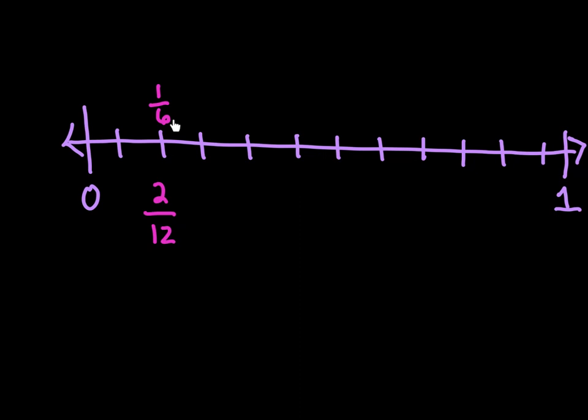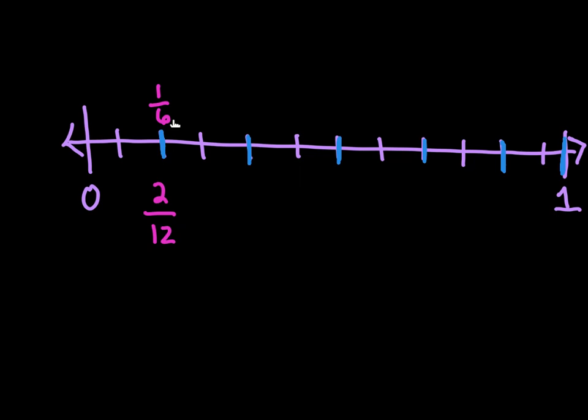But how are they getting 6? Well, they're breaking up those 12ths into another half. So over here is representing 1/6, 2/6, 3/6, 4/6, 5/6, and this becomes 6/6. So 6/6 and 12/12 are equivalent.